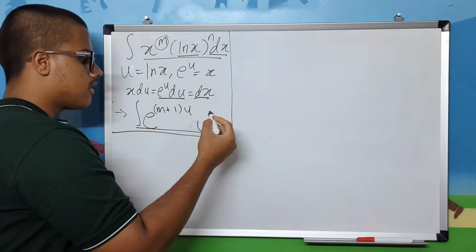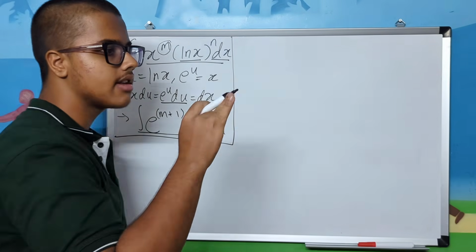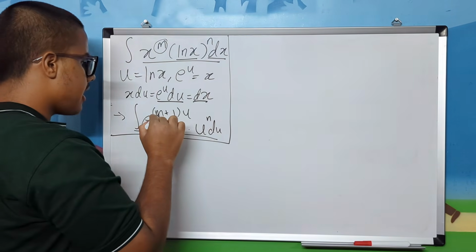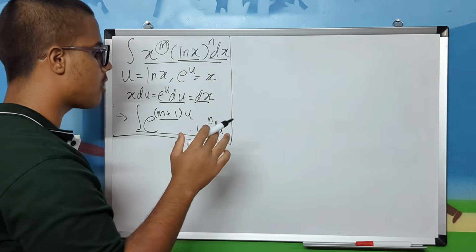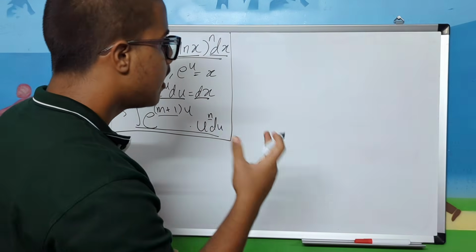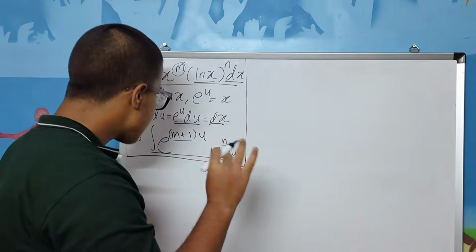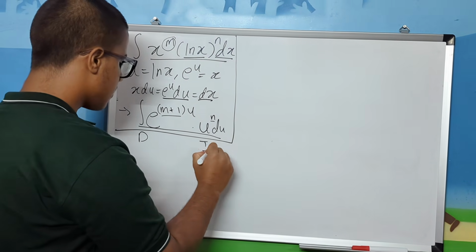Now as you can see, this is in the form of a polynomial times an exponential, so we can try to get a solution using integration by parts. But since the powers are variables and not numbers, we don't really have an idea of how many times we'll have to do it. So we'll use the tabular integration method to figure out what the pattern is.